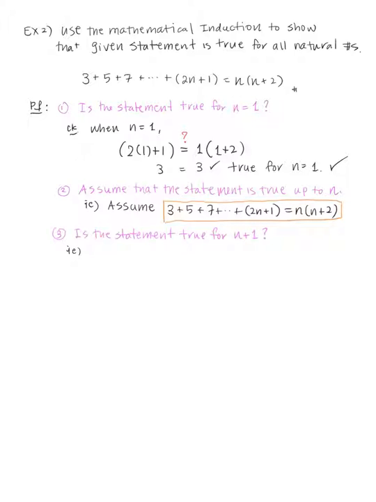What we need to show is that 3 plus 5 plus 7 plus, what was the nth term? 2n plus 1. And then 2 times n plus 1 plus 1 equals n plus 1 times n plus 1 plus 2. So this is what we need to show.